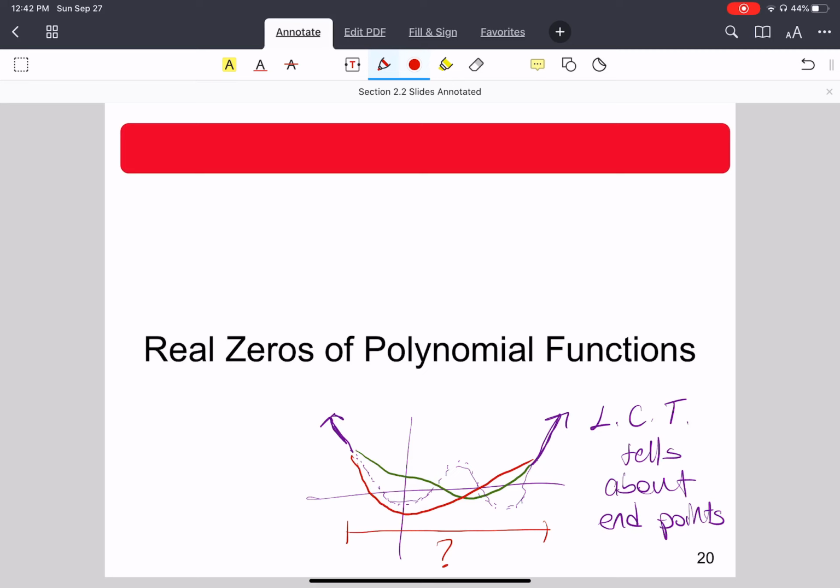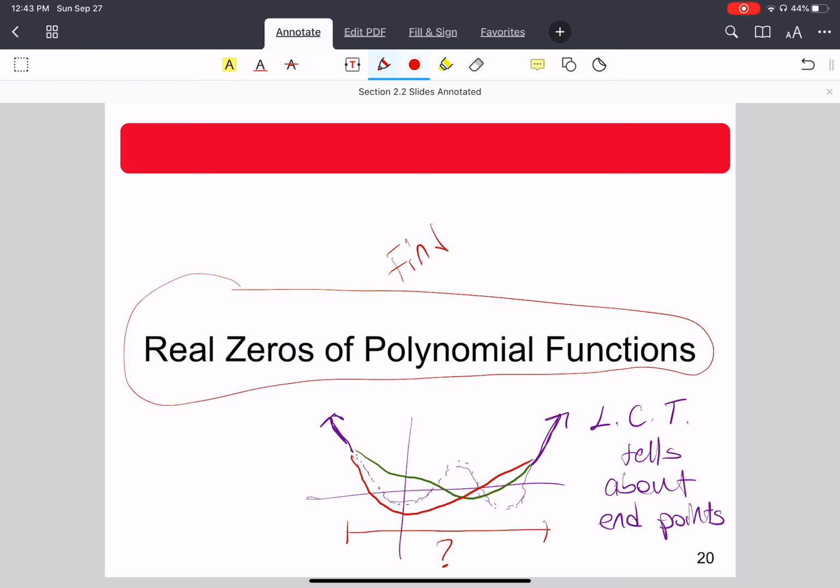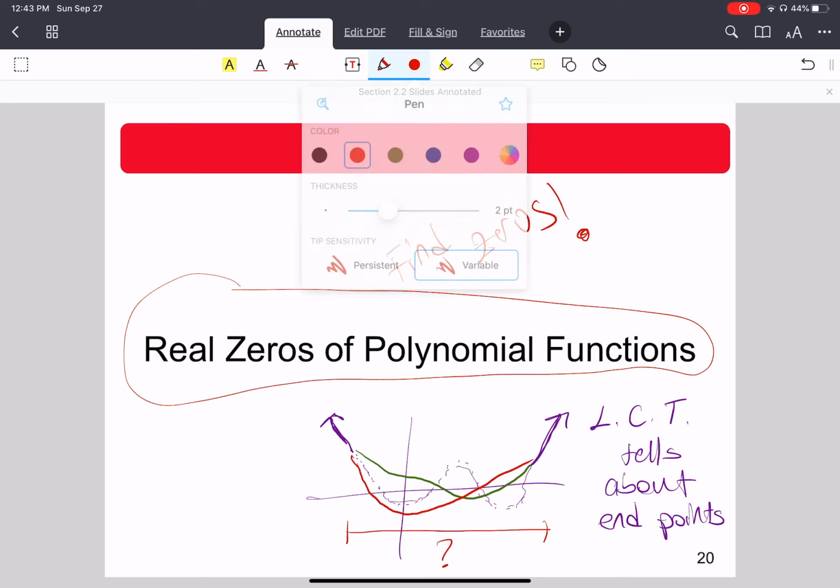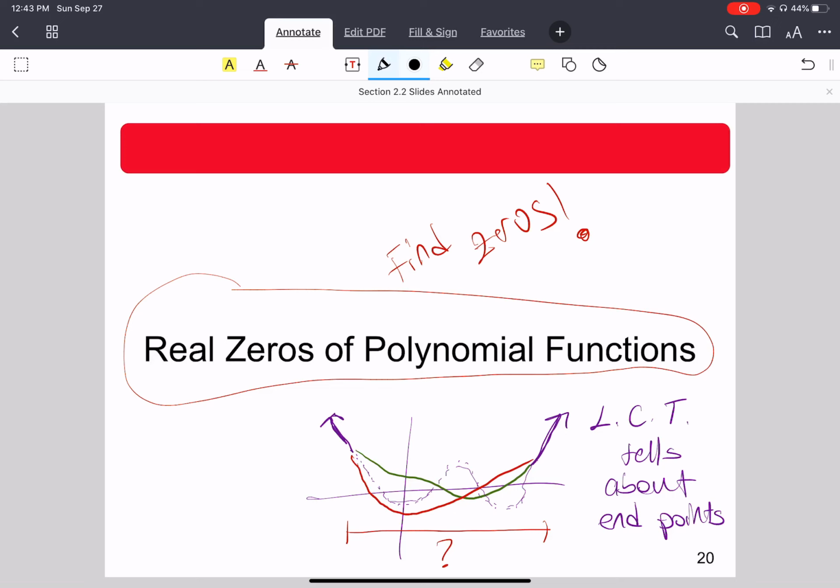So the way we can determine what's going on in between is that we use the real zeros of polynomial functions. In other words, we find zeros. If we know the zeros, then we can know what the function does. The reason is that zeros are the points where the function crosses the x-axis. That's why these are really useful.